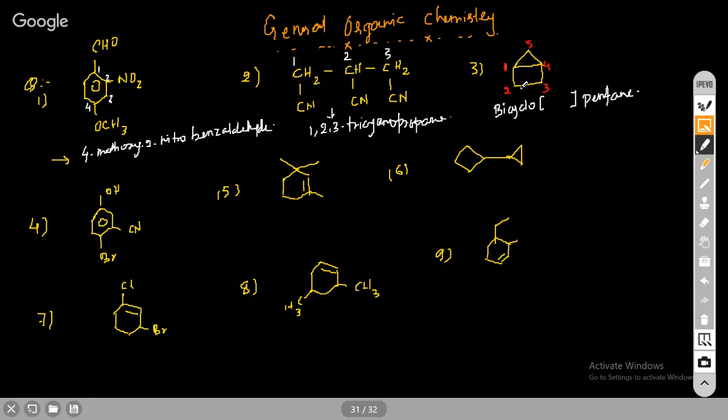So in this 4-membered ring, these two are the carbon atoms common here, bridge carbons, so we will not consider these two. We have 2 more carbons here, so we'll write 2 dot. The numbers must be separated by a dot; we cannot use a comma, otherwise it will be wrong. Okay, 1 carbon we have here, 1 dot, and there is no carbon with which this bridge carbon is connected, right. So this will be 0, pentane. This is the name of this. For bicyclo compounds we always write the numbers here in descending order.